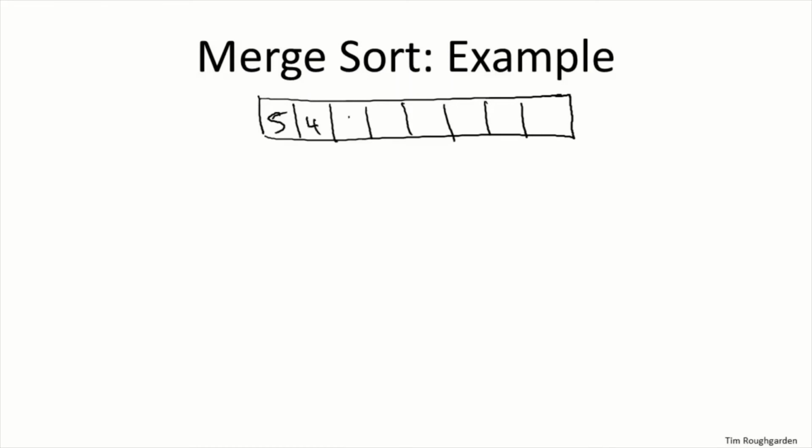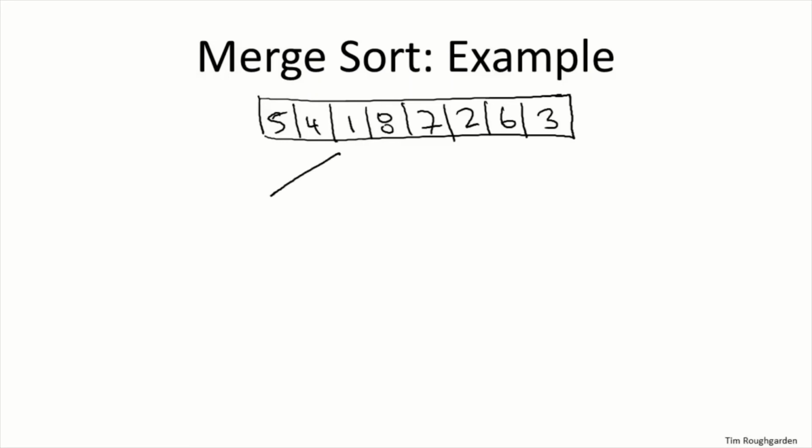Okay, so the merge sort, its purpose in life is to sort the given input array. So it's going to spawn off calls of itself on smaller arrays. And this is going to be a canonical divide and conquer application where we simply take the input array, we split it in half, we solve the left half recursively, we solve the right half recursively, and then we combine the results. So let's look at that in the picture.